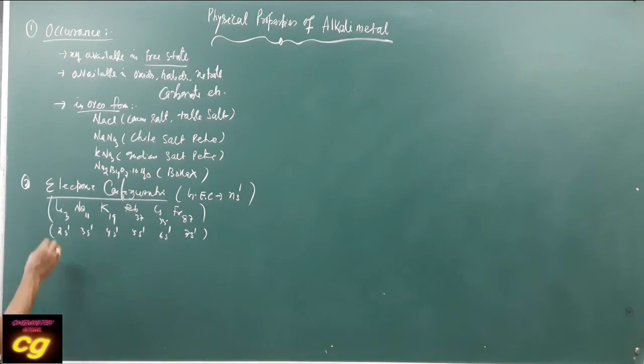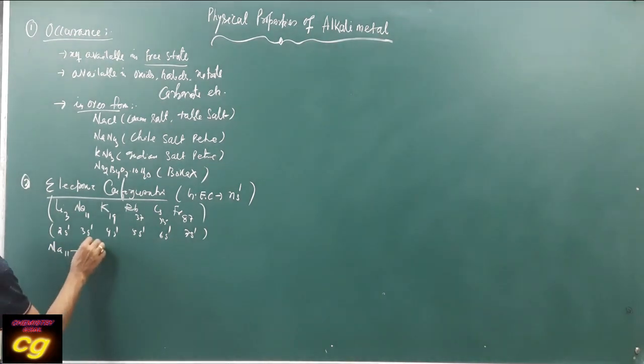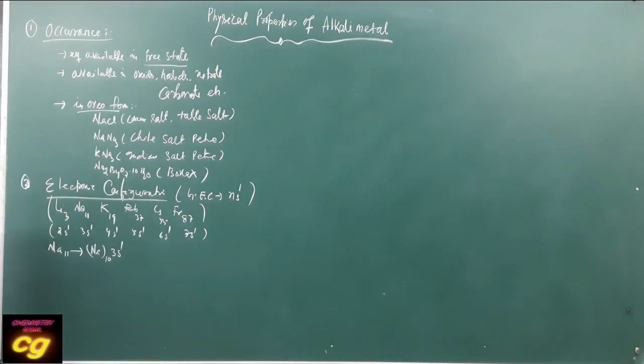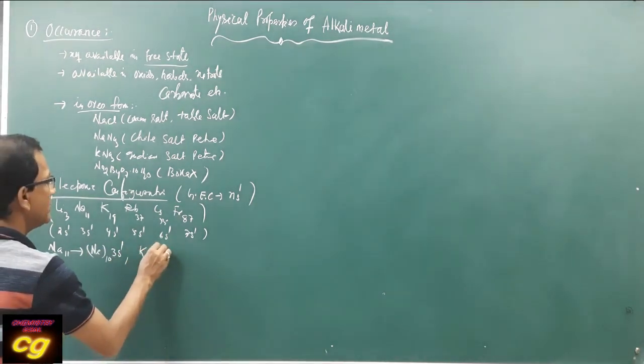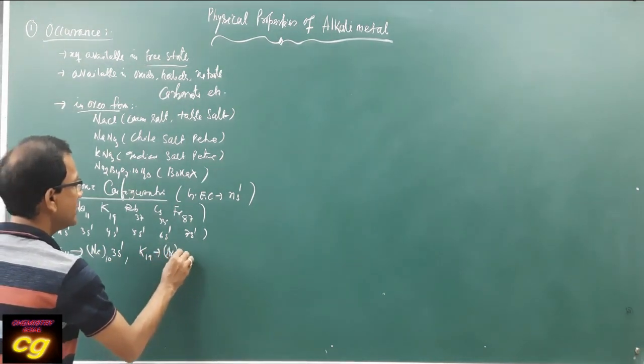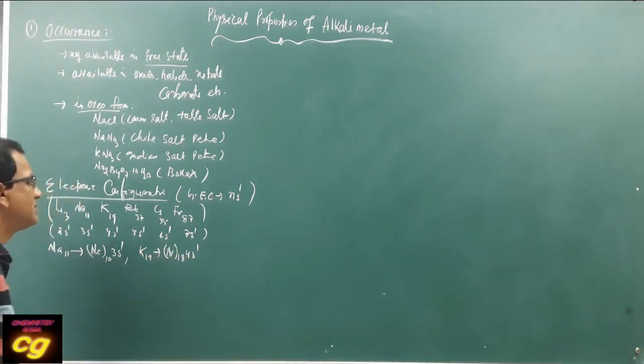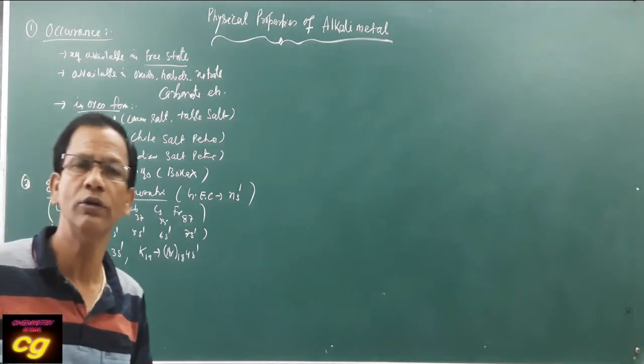For example, sodium 11 can be written as neon 10, 3s1. Potassium 19 is argon 18, 4s1. Like this we can write the electronic configuration.